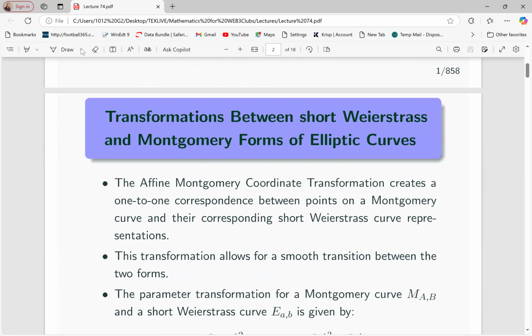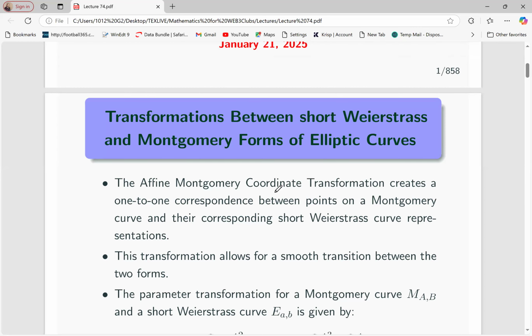The affine Montgomery coordinates, those points, create a one-to-one correspondence with the points of the short Weierstrass.